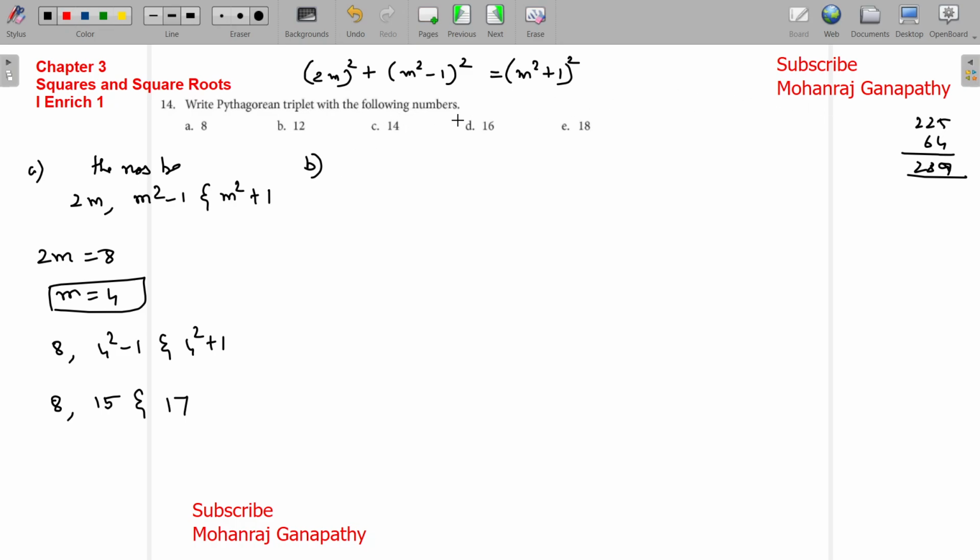Let us consider the next one. Here 2m is again 12, m equal to 6. So substitute here 2m, m square minus 1 and m square plus 1, and you will get the correct answer.